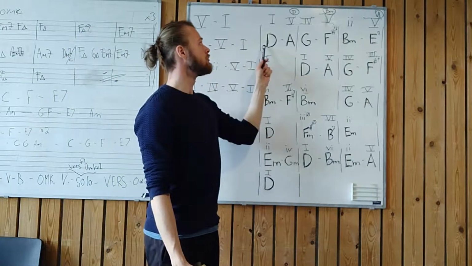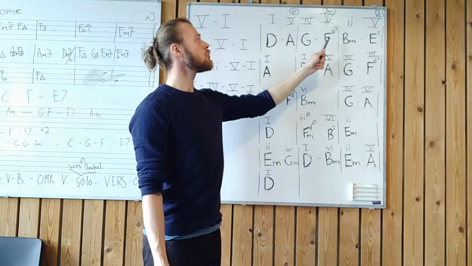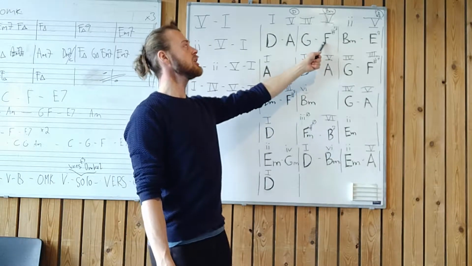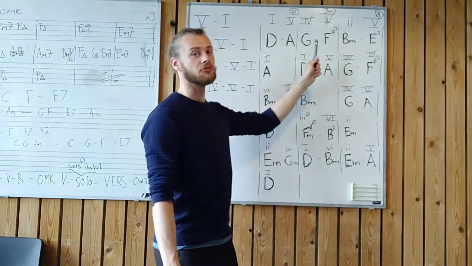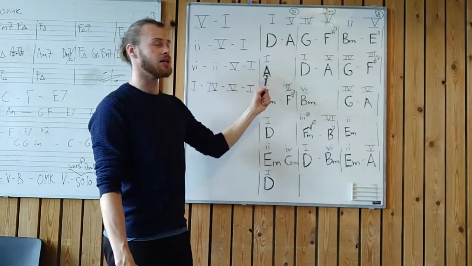So now we've got 3 chords in D major, 1 dominant chord, which is the 5 to the 2 of the 2-5-1 in A.